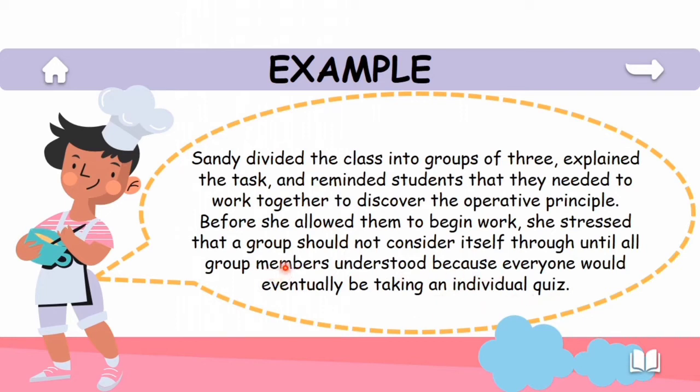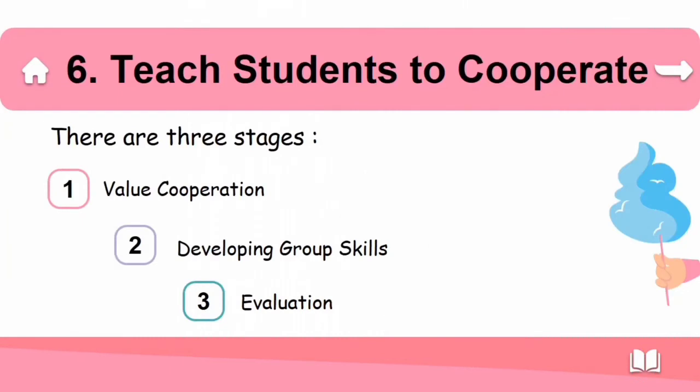So in other words, Sandy made it very clear that every student would be accountable for explaining the process of equilibrium. We go for the next point, which is the 6th point, to teach students to cooperate.